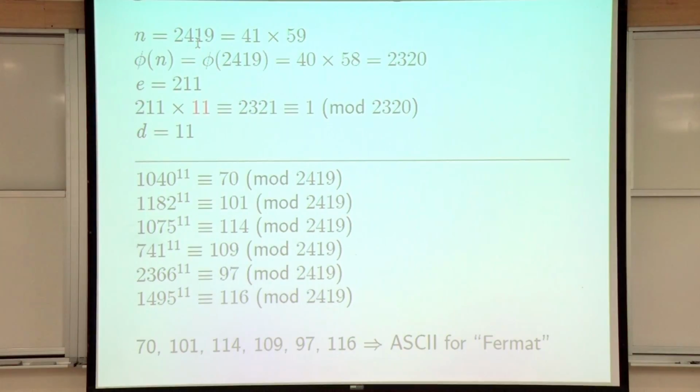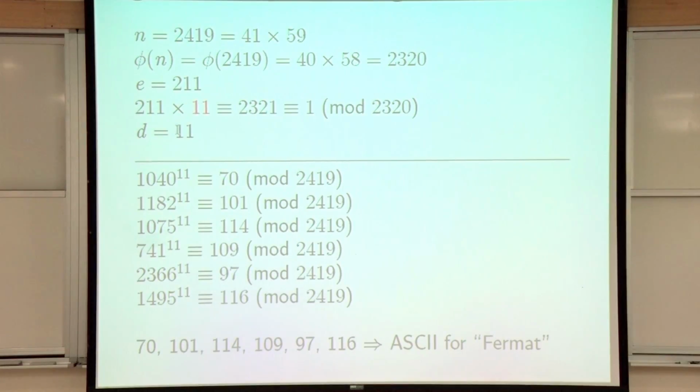We know that it is equal to 41 times 59. And second, we want to compute phi(n), which is equal to 40 times 58, which is equal to 2320. And E is equal to 211.